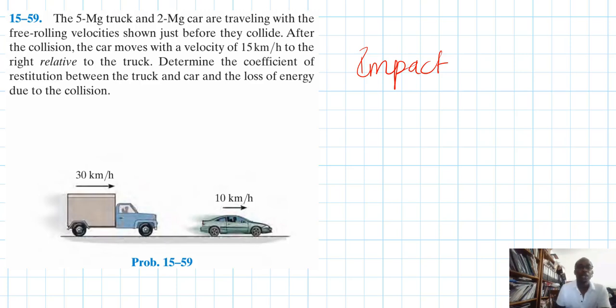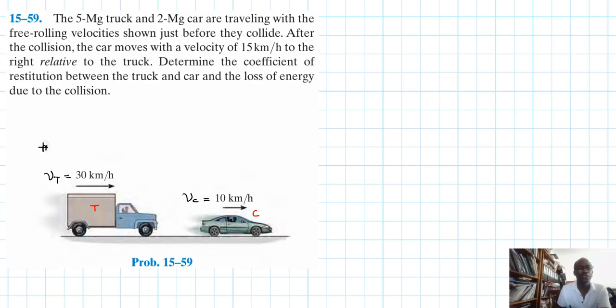So here we have two cars that are freely rolling. We are going to call this car T, for truck, and this one C, for car. Their velocities are VT and VC, like so.